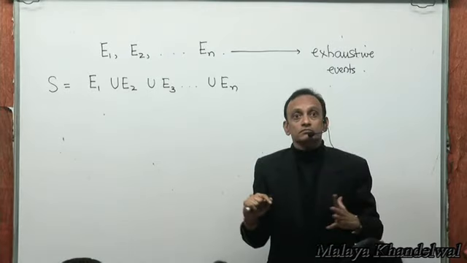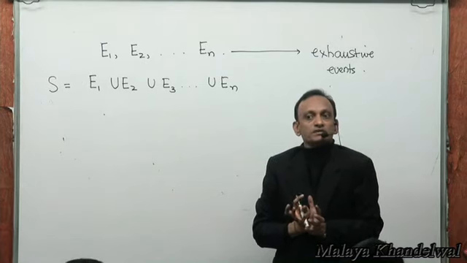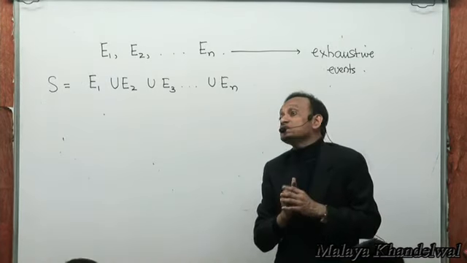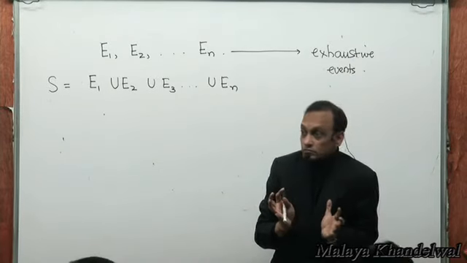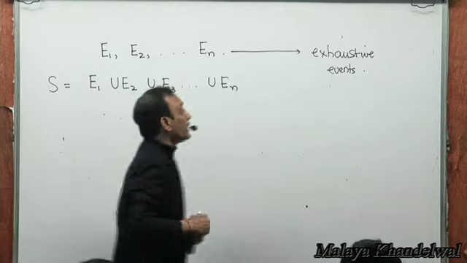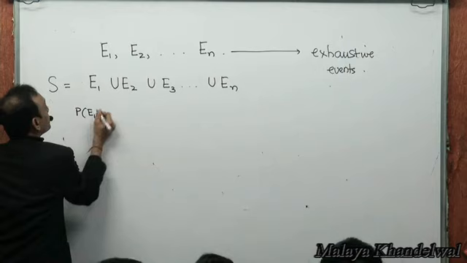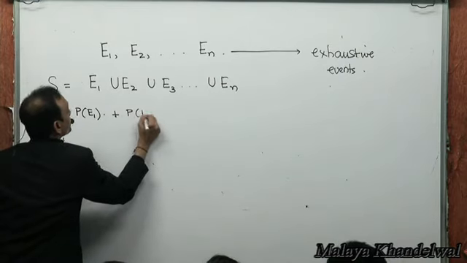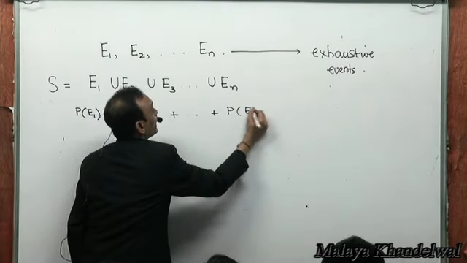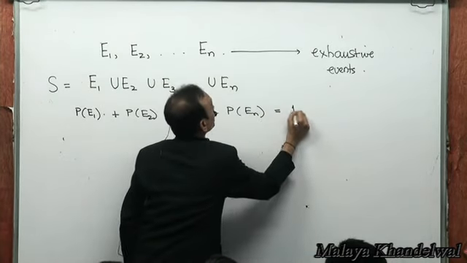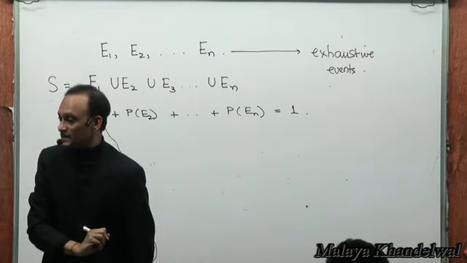In which case, if an experiment is performed, one of these events will trigger. And if they are exhaustive, probability of E1 plus probability of E2 plus probability of En, that would have to be 1, because one of the events must take place.